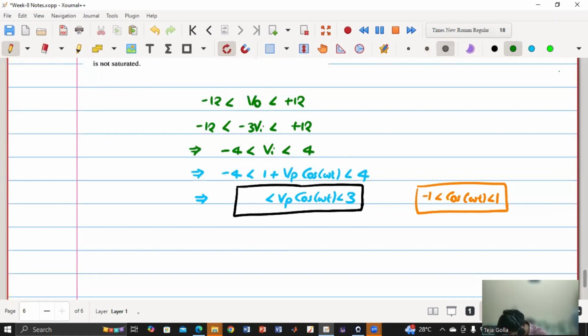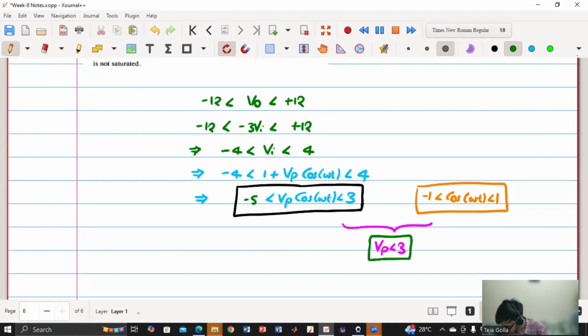So this is minus 5, right? It should be within this range. So now, Vp should be less than 3, because otherwise it will be saturated on the positive side. Sir, it is minus 3 VI, so the signs could have been reversed.